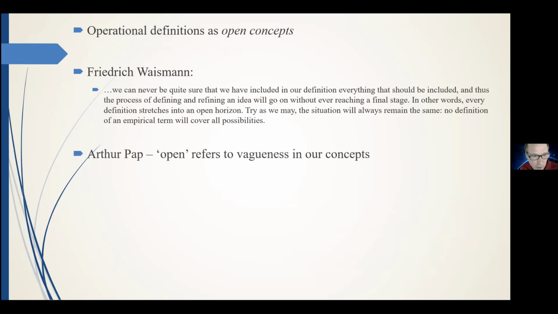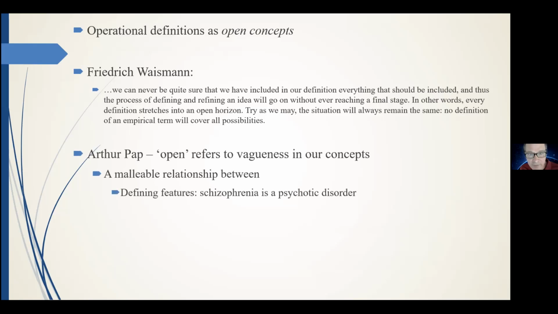Now, the notion of open concepts was introduced into philosophy by Arthur Pap, who talked about it as vagueness in our concepts. And what Pap said was, look, there's a malleable relationship between the defining features of a term and the contingent features of the term. So a defining feature might be something like schizophrenia is a psychotic disorder, and a contingent feature might be that those at ultra high risk engage in magical thinking.